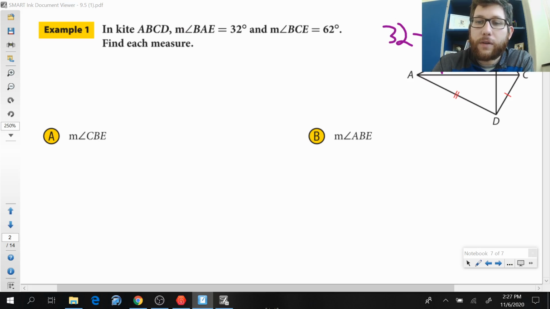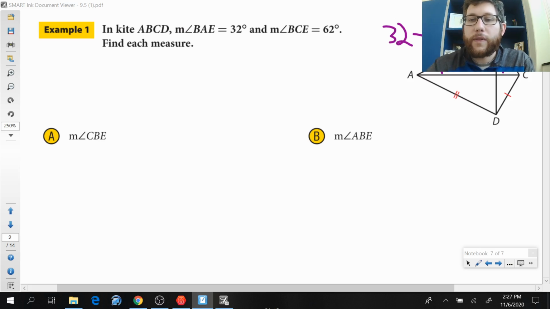CBE would be this angle up here. Well, remember, the diagonals are perpendicular, right? So that's going to be 90. Now, if that's 62 on the right side, inside this small triangle, the BCE triangle, I've got 62 and 90. If I subtract those from 180, I end up with 28 up here. Okay? The other angle they asked for is ABE, and that 28 is this guy here.